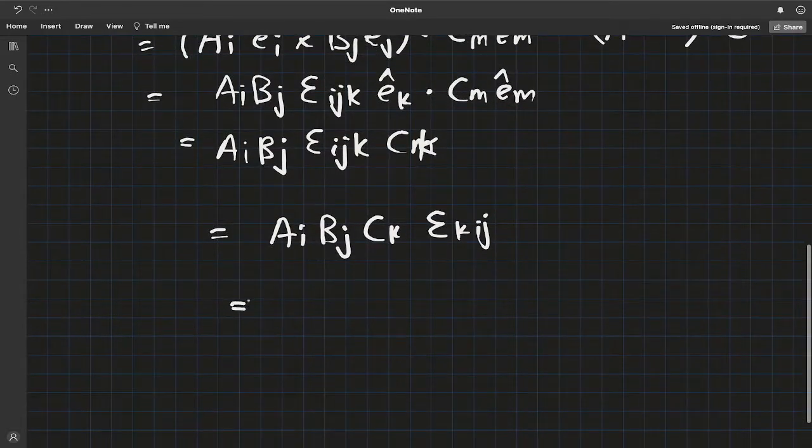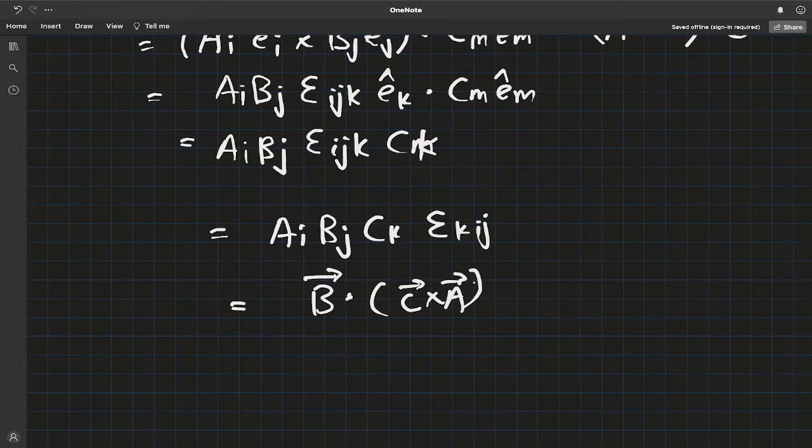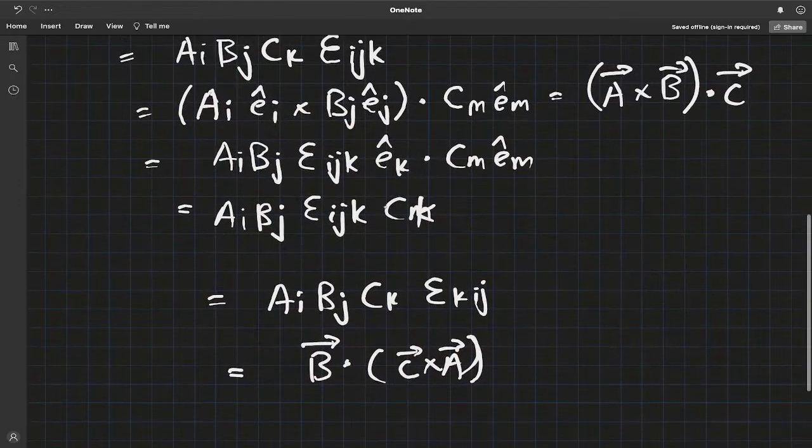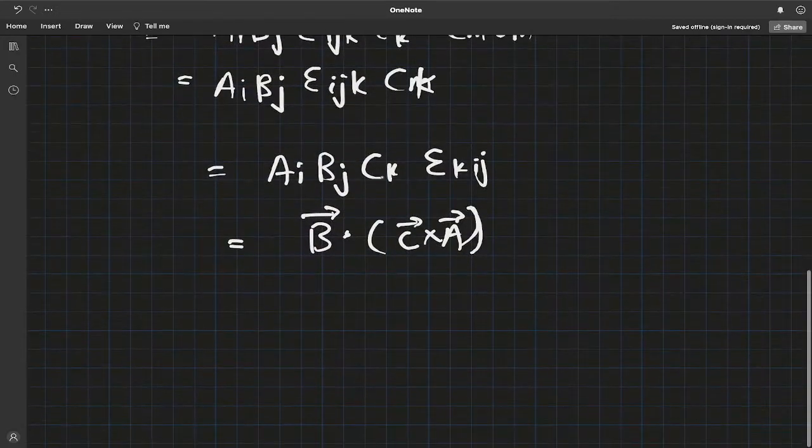And with this, you notice this is nothing but B dotted with C cross A. And again, you can do this reverse engineering process, and you'll see one way of seeing it is, notice the last index of the Levi-Civita has to match the vector that will be dotted outside the cross product. So that's one way of looking at it.